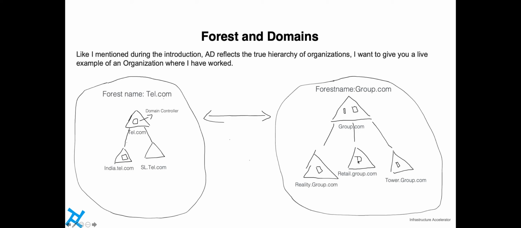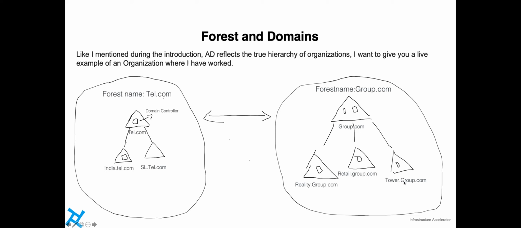Then they were also involved in the supply of FMCG articles, and they made big departmental stores, and this was called the retail part of their business, and the name of the company was retail.group.com, and the domain created was the child domain to group.com, which was retail.group.com.